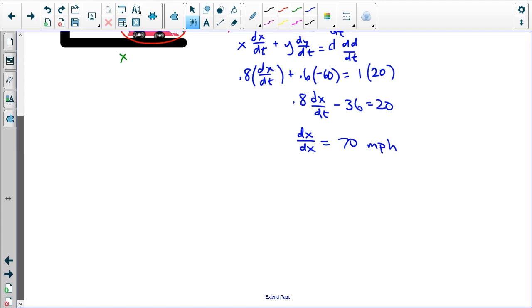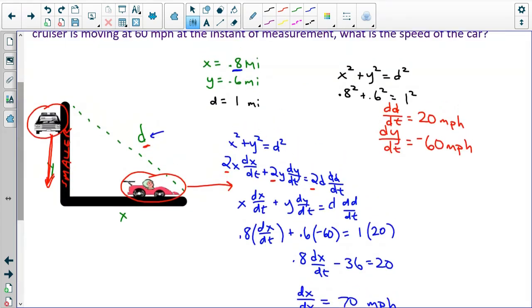So notice that makes sense. If the cruiser is moving at 60 miles an hour this way, and this is increasing, it's possible that the car is moving a little bit slower than the cruiser, but considering how much the rate of the distance is increasing at that point in time, you would think that the car is moving faster than the police cruiser.